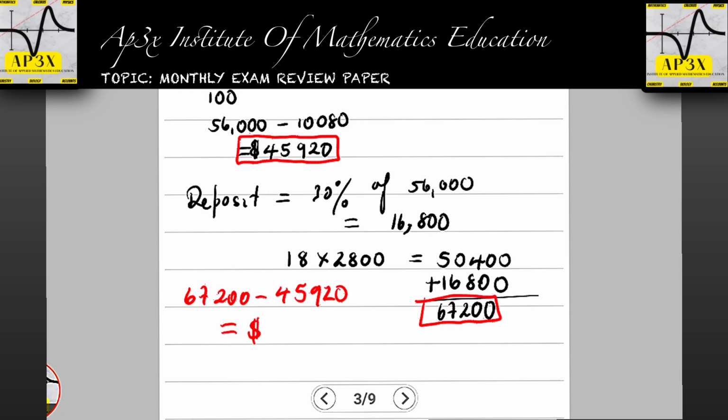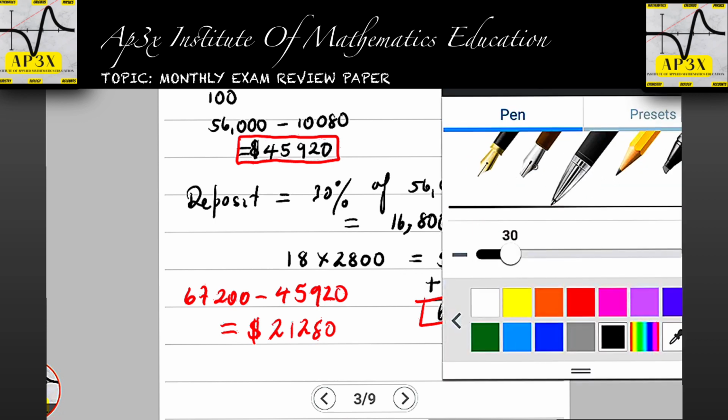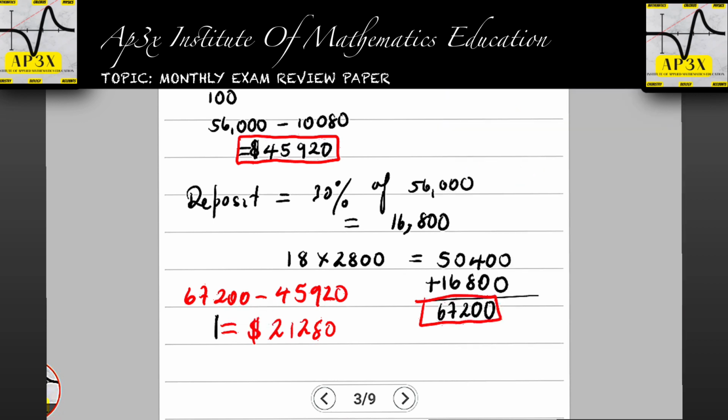The customer that decided to take cash would have saved $21,280 more if they paid cash as opposed to taking out the higher purchase deal. And that is basically the solution to the question.